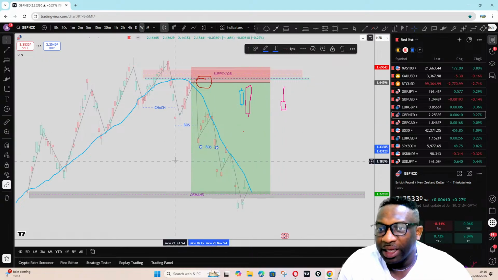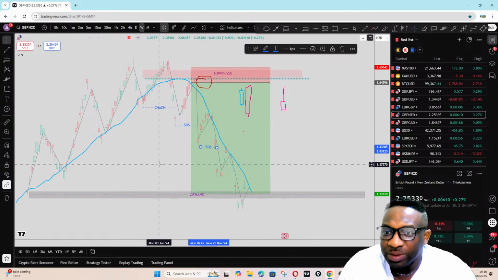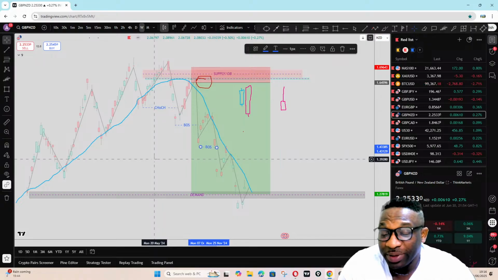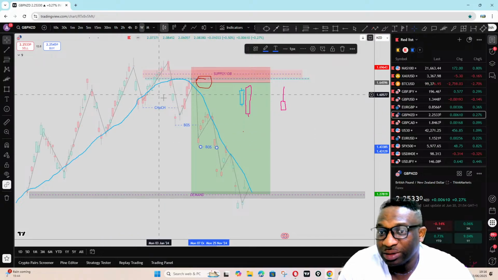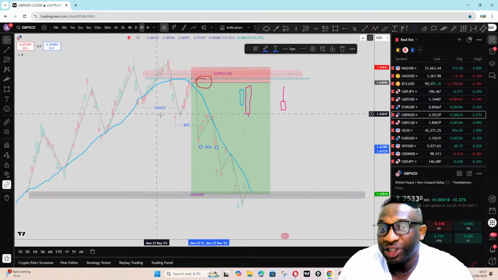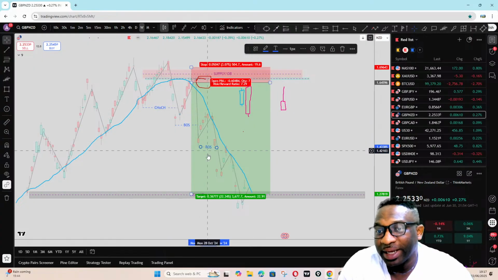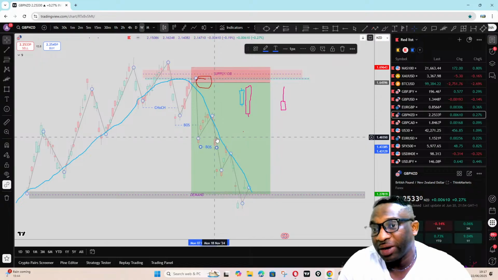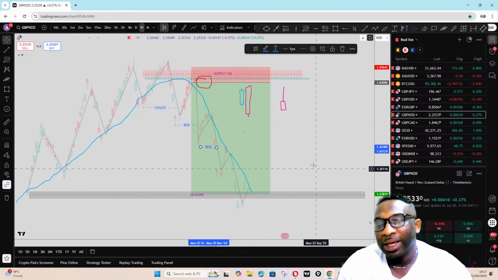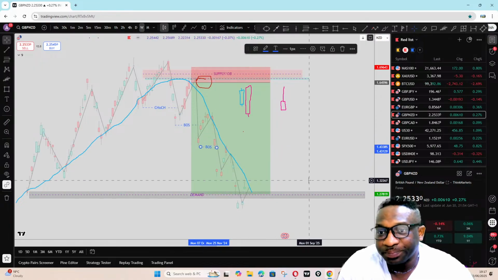So in an upward move, or in an upward direction, uptrend, if there is going to be a change of direction, the first thing we will identify is a change of character. After the change of character, we now will be having break of structure as it changes and directs itself to the opposite direction.